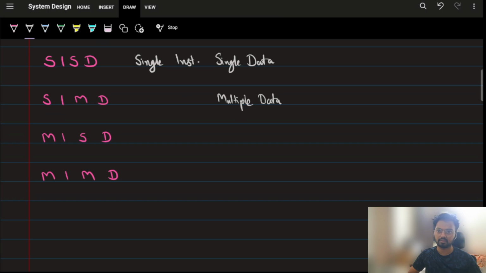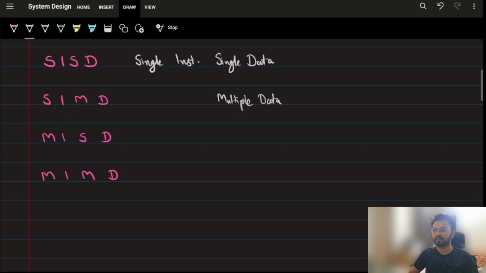If you need to add two matrices, an n cross n matrix or an m cross n matrix, you have the same instruction to perform the arithmetic addition across various data. You have multiple data but only a single instruction. That's single instruction, multiple data, which is used in GPUs, for example.